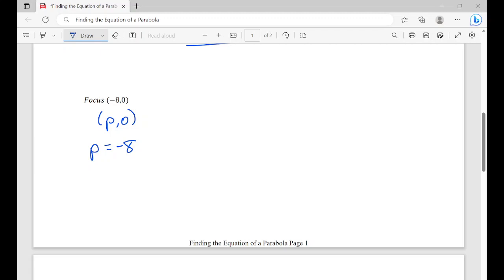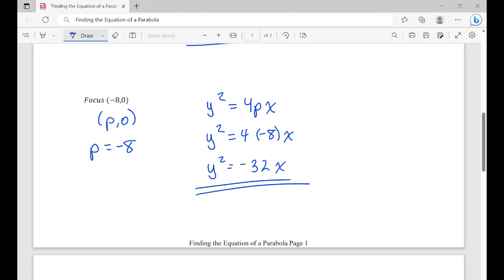And the basic form of the equation is y squared equals 4px. So we're just going to plug in our p-value and work it out. So y squared equals 4 times negative 8x, which is just going to be y squared equals negative 32x. And there's your equation of the parabola.